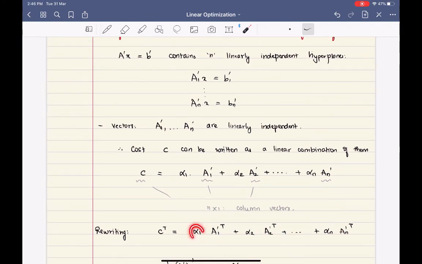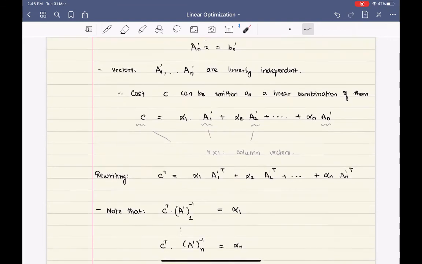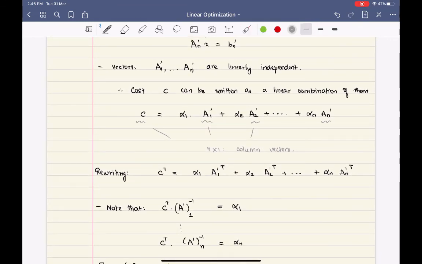Now I want to show that alpha 1 is bigger than or equal to 0. So here is where we will try to use the inverse. How do I get alpha 1? Now if I have A prime and A prime inverse, I get this identity, right?